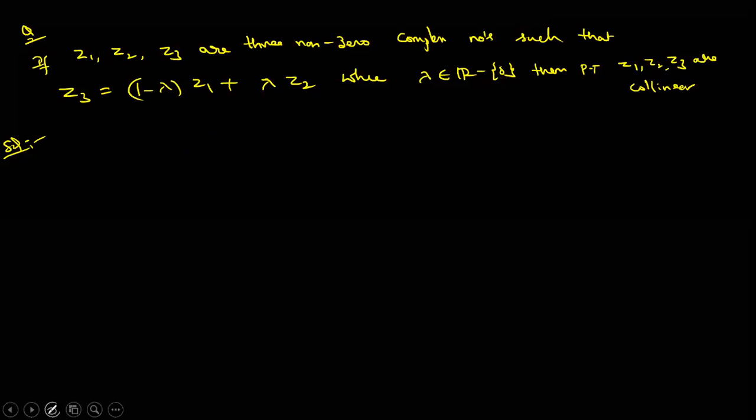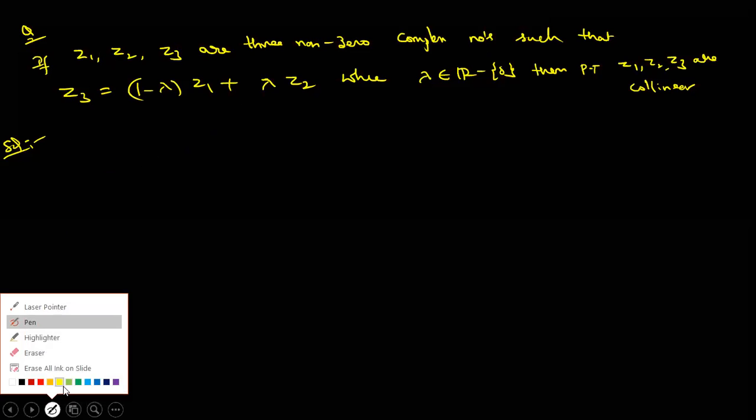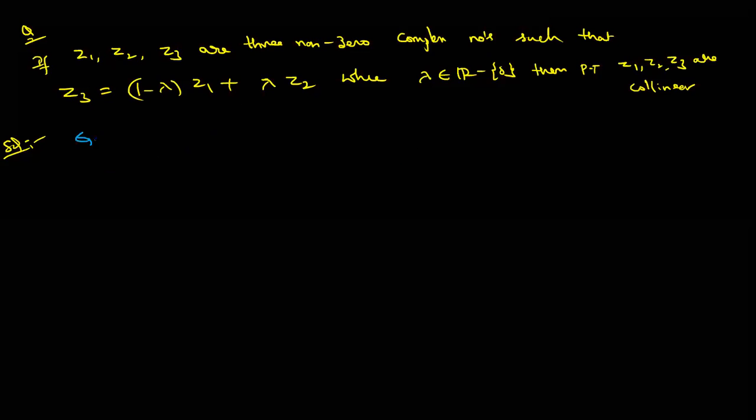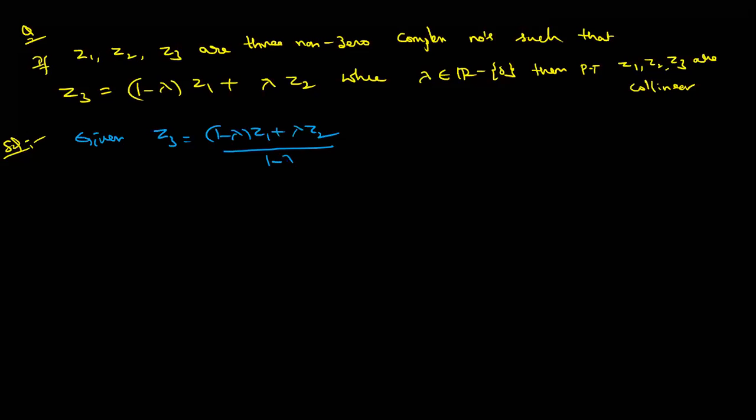Dear students, see what is given. Z3 is equal to (1 minus lambda) into Z1 plus lambda into Z2. See carefully, by 1 I'm writing. By 1 is there, no? So in this case, minus lambda plus lambda adding.